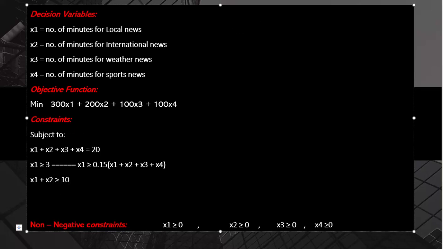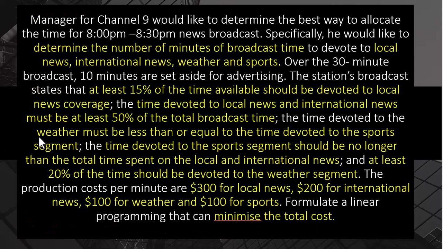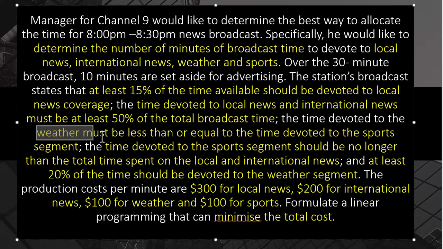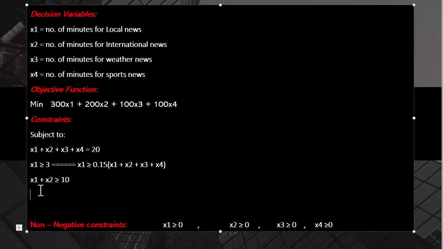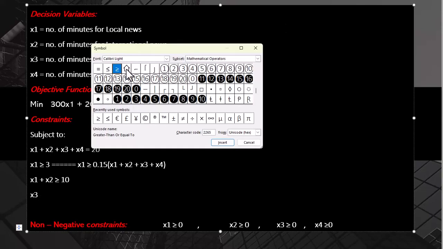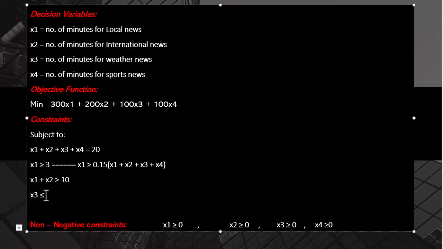And then it says that the weather must be less than or equal to the time devoted to the sports segment. So we can write it like this: weather is x3, and here the symbol we will use is less than or equal to x4.